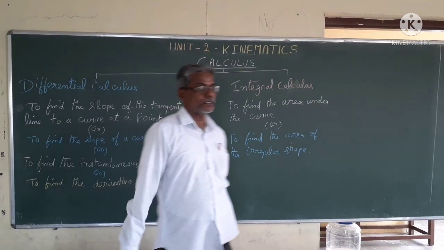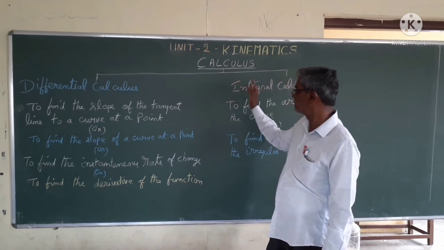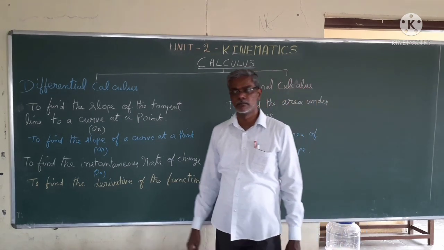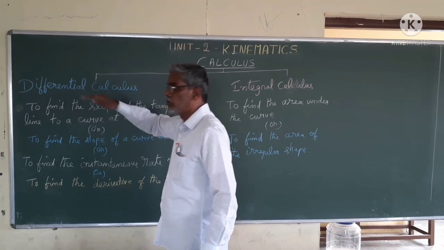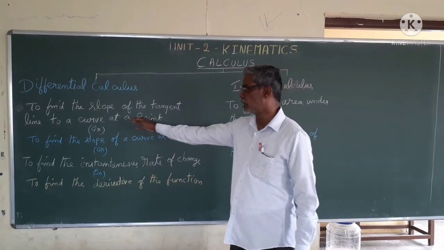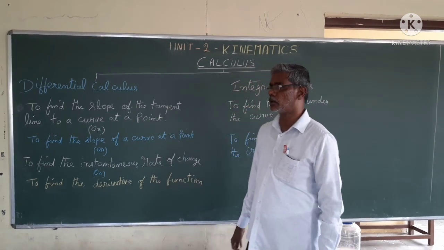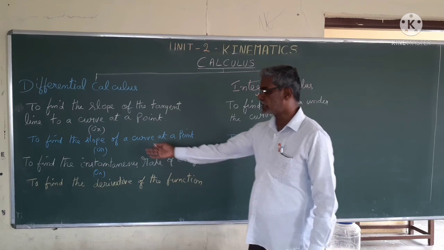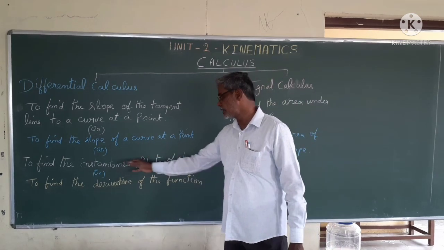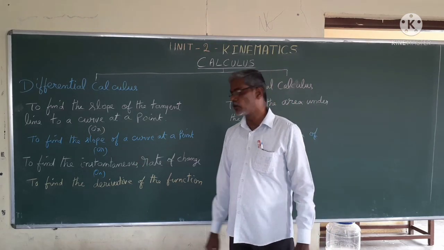So calculus is classified into two types: differential calculus and integral calculus. Differential calculus is used to find the slope of the tangent line to a curve at a point, or I can say to find the instantaneous rate of change, or to find the derivative of the function.